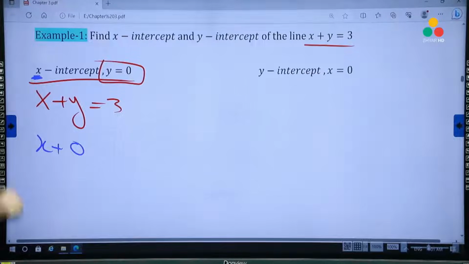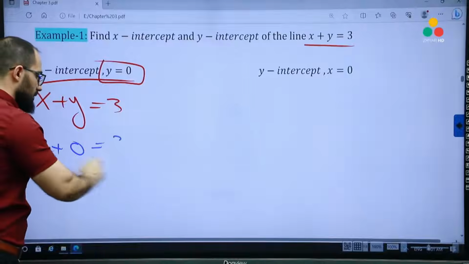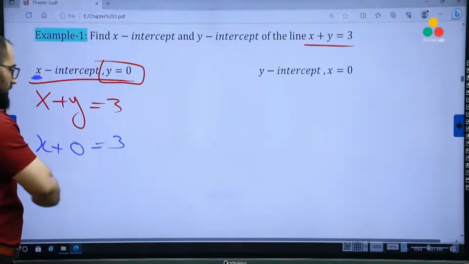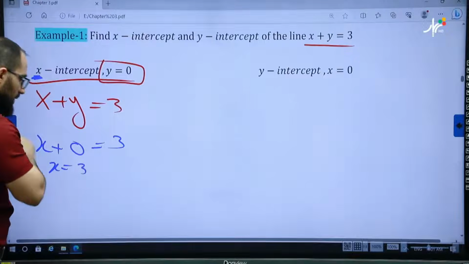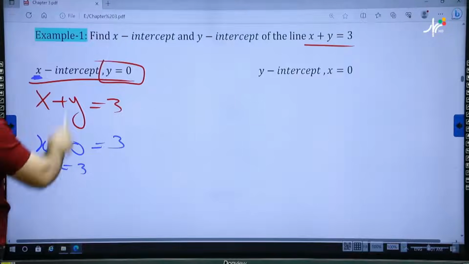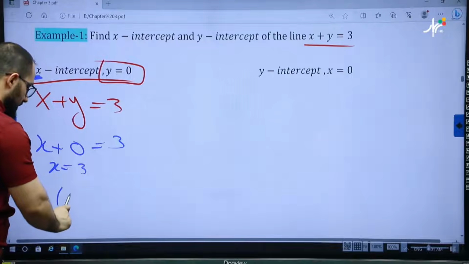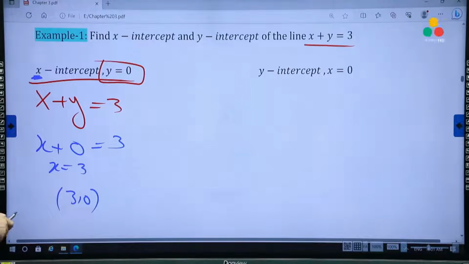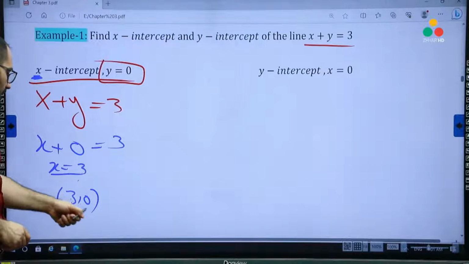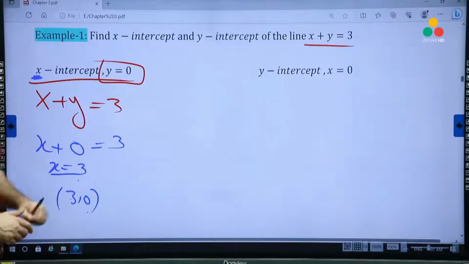X plus 0 is equal to 3, then x is equal to 3. That's why the x-intercept is 3 and 0, because the value of x is 3 and y was 0.